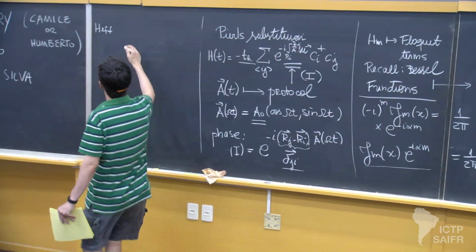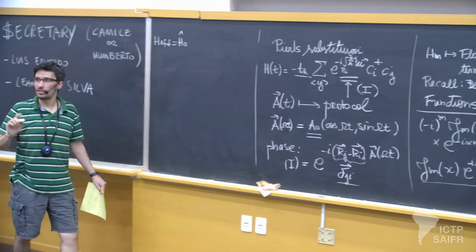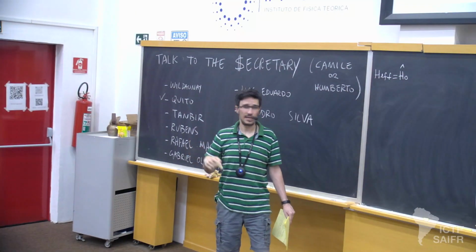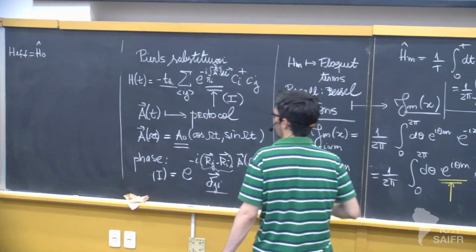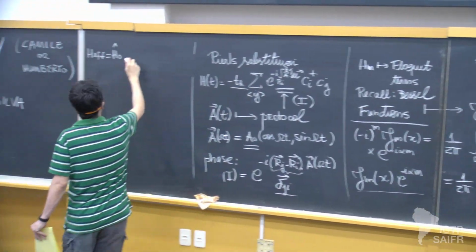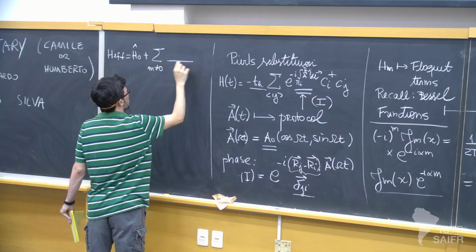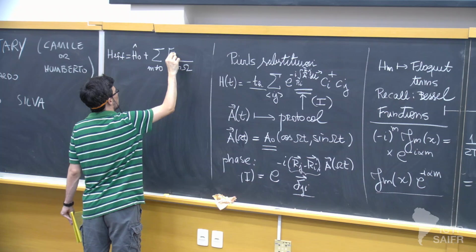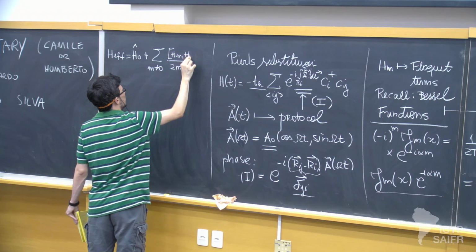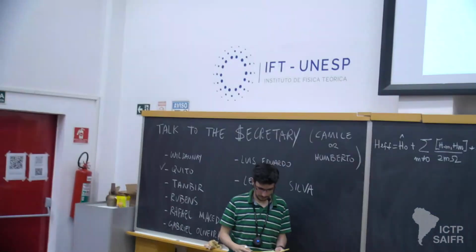So we had our good old H0, and I will emphasize once again that H0 is not the equilibrium Hamiltonian. H0 is the time average of the time-dependent Hamiltonian, plus the sum over m not equal 0 of [H_{-m}, H_m] over m omega. If there is a sign that I'm getting wrong, please let me know.